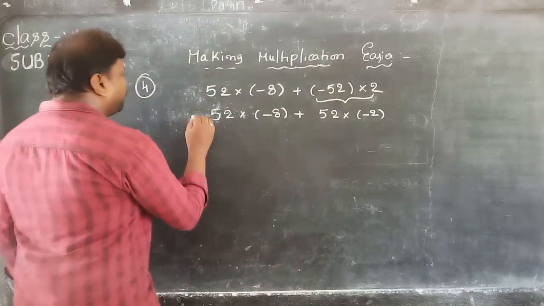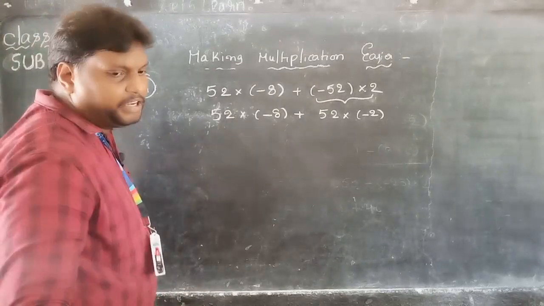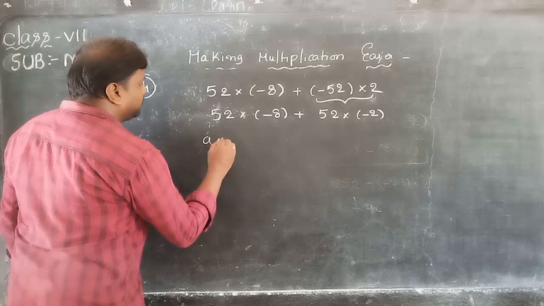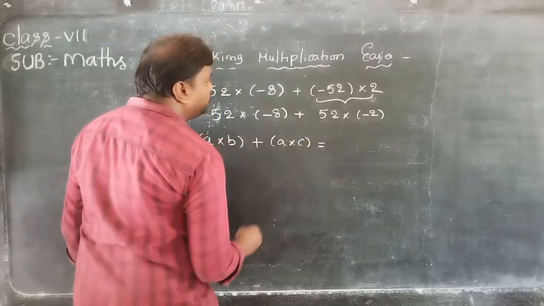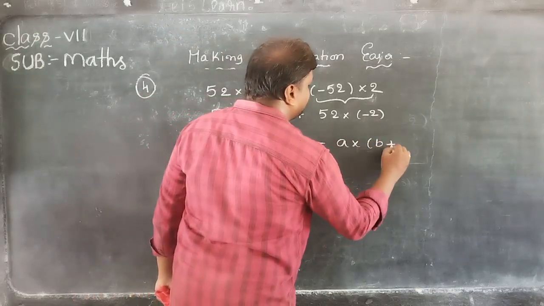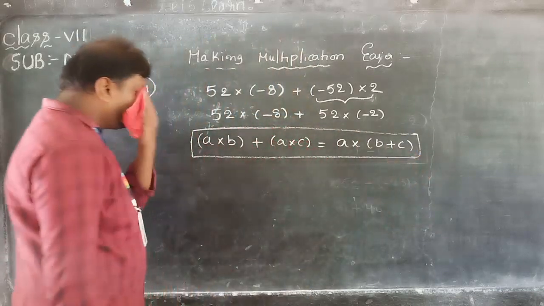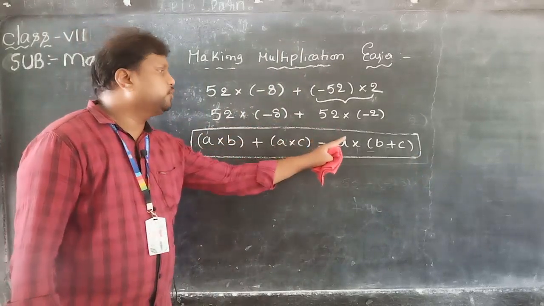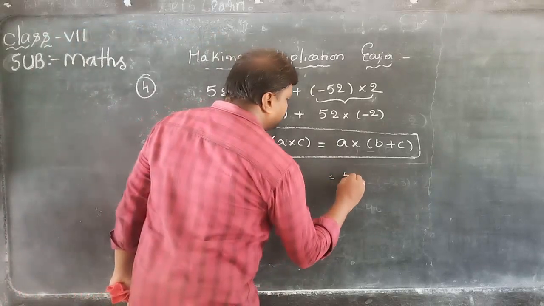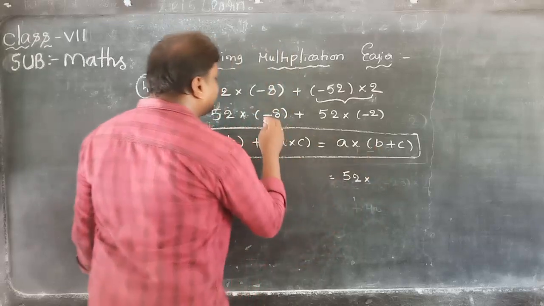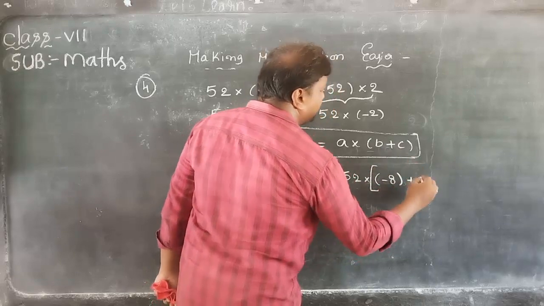52 into minus 2. Now which is common? Which property is applicable? Distributive property, multiplication over addition. See, A into B plus A into C is equal to A into B plus C. Like that, in A place which value is there here? 52 is common. 52 into B place minus 8 plus C place minus 2.